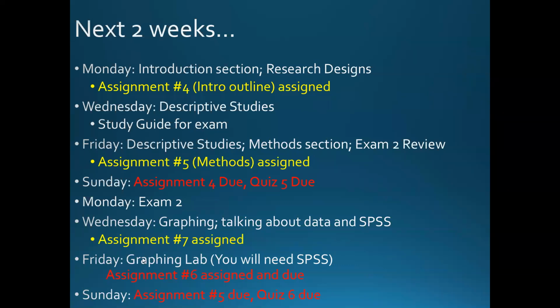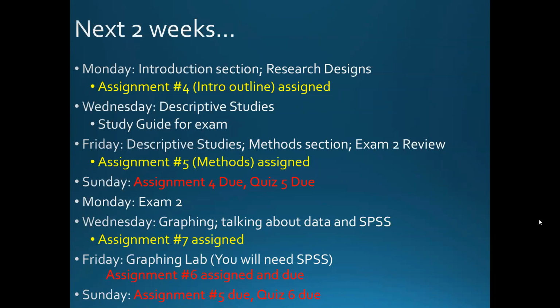Then finally next Friday, we will have a graphing lab. So the class is all going to be about graphing, and you are going to have time to work on assignment number 6. You'll get assignment number 6 next Friday, and then you will complete it by the end of class. It's not too bad. You're just making a couple graphs from your data. So you will definitely need SPSS for next Friday.